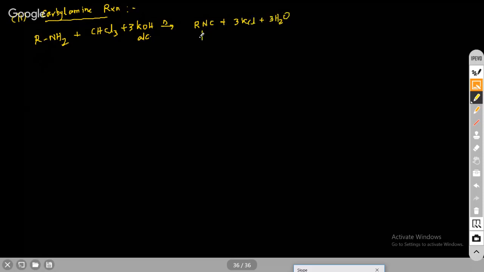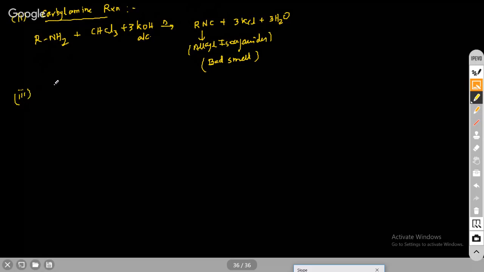This is alkyl isocyanide, which has a very bad smell. That only confirms the presence of primary amines. This isocyanide, we also call it carbylamine. That's why it is the carbylamine reaction.